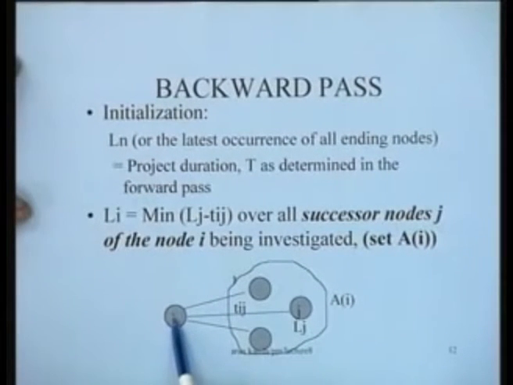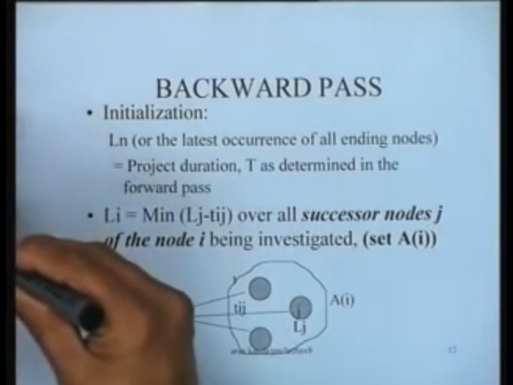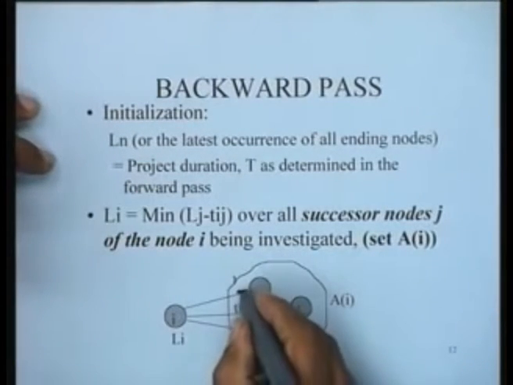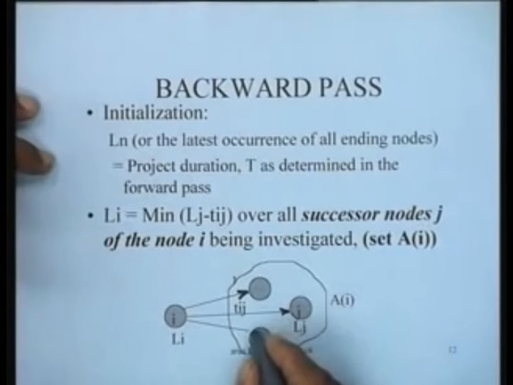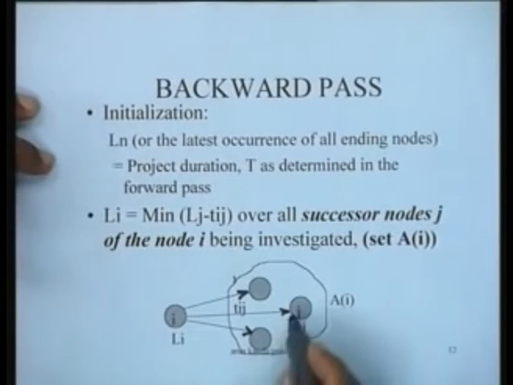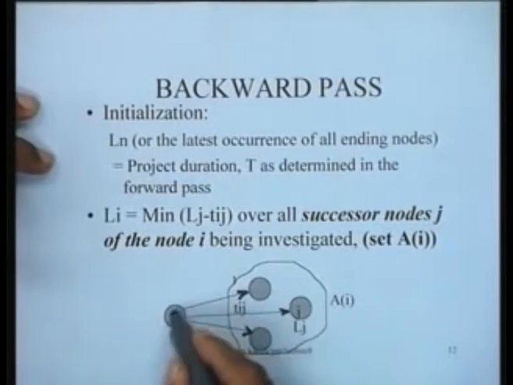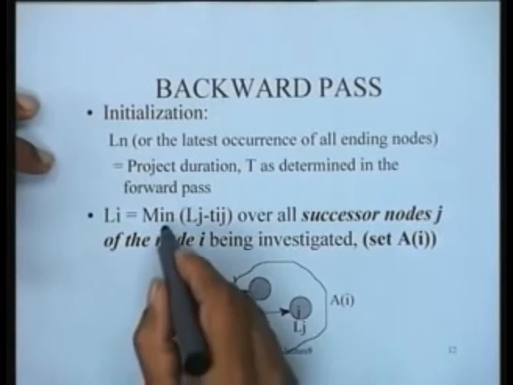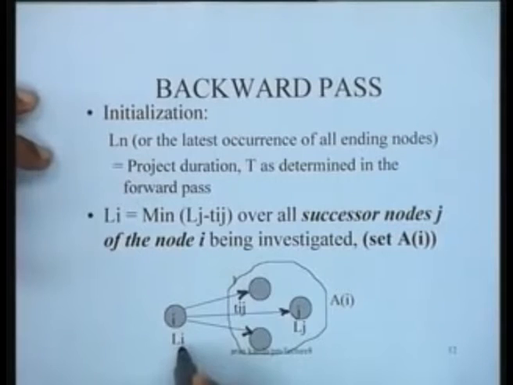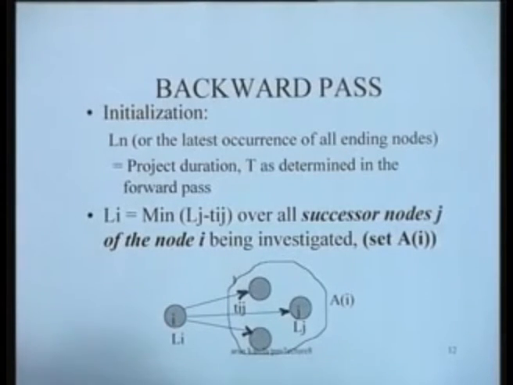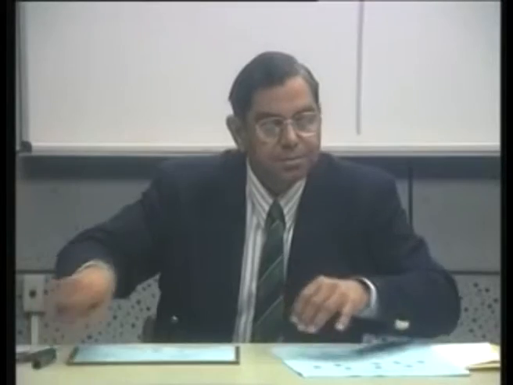If I am now investigating node i, I look at all the successors, which would be directed like this, and I take a particular node whose latest time I know. So Lj minus Tij, I compute this for each of these successors and take the minimum of that, and that would give me the Li value for this node. So this in essence is what we mean by a backward pass.